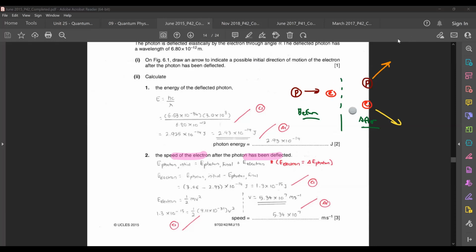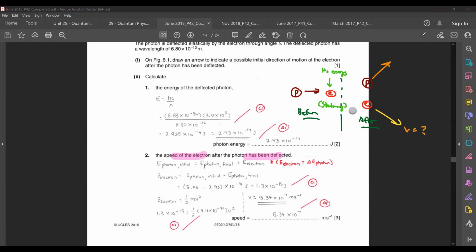Your electron here was stationary. So this one has no energy. But after that, it started moving after the collision with a certain velocity v. This is the v that you are trying to find out.